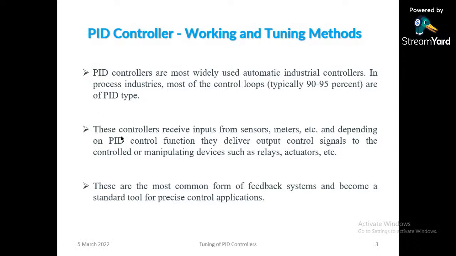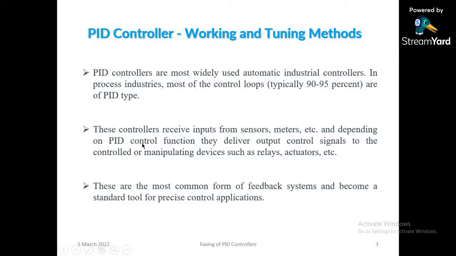How do these controllers work? These controllers receive the input from sensors or meters. Different types of sensors are there, right? Then those sensors will give an input to these PID controllers. So I hope the picture is very clear. Input to a PID controller is what? The output of a sensor.